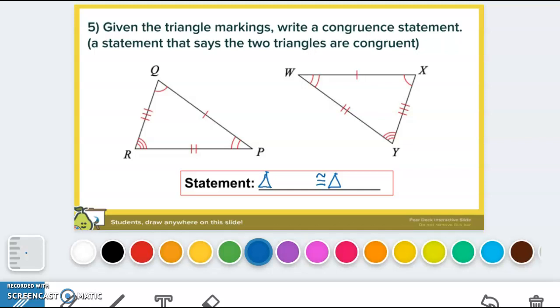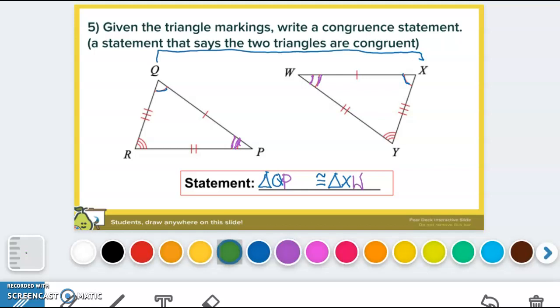Well, the easiest way is to mark the vertices. Notice that Q has one arc and X has one arc. That means Q and X will match up. So if Q is my first letter, X will be the first letter on the right triangle. And then P has two arcs, and the part with two arcs on the right is W. So P is on the left hand triangle and W is on the right hand triangle.